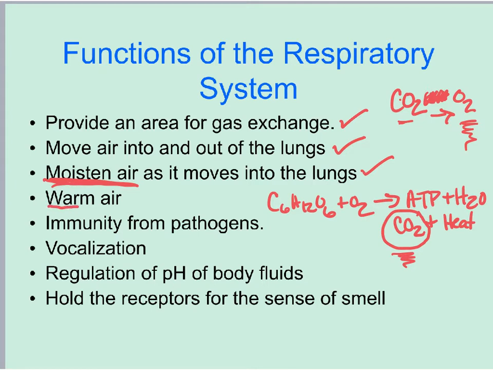The respiratory system also warms air as it's being taken down deep into the lungs. If you think about it, we like to stay at somewhere around 98.6 degrees. And 98.6 degrees is metabolically expensive to maintain, meaning it takes a lot of energy for us to hover right around 98.6 degrees.